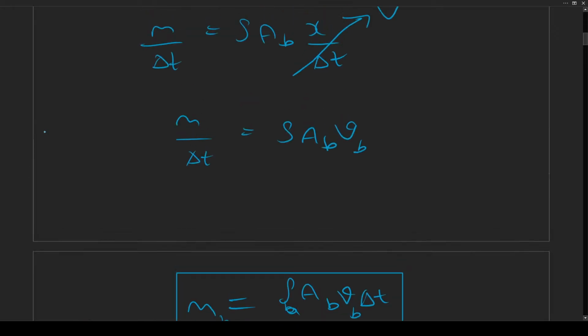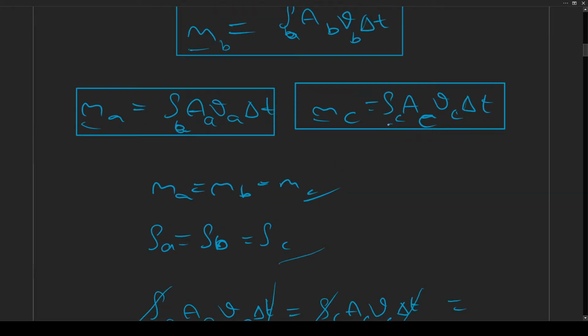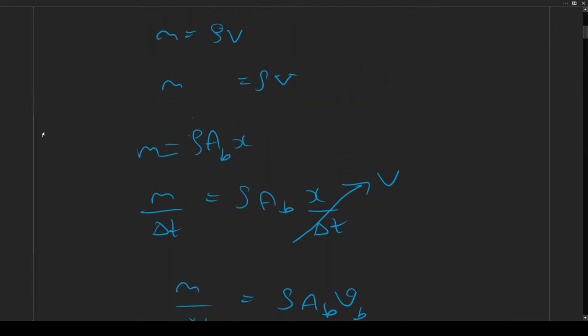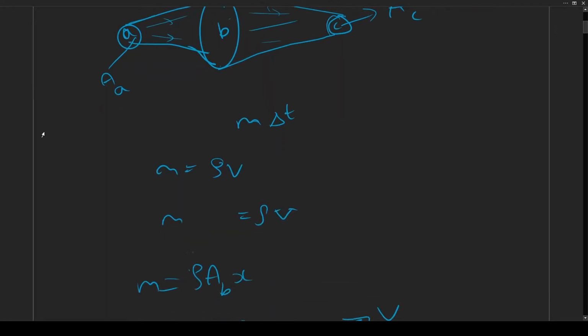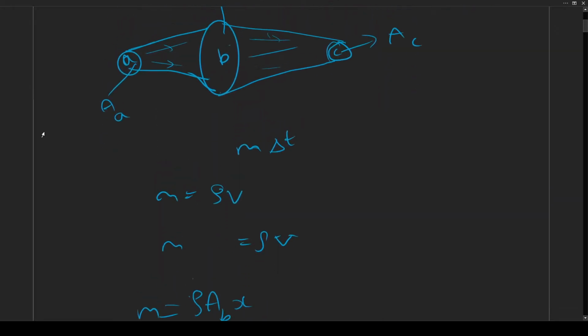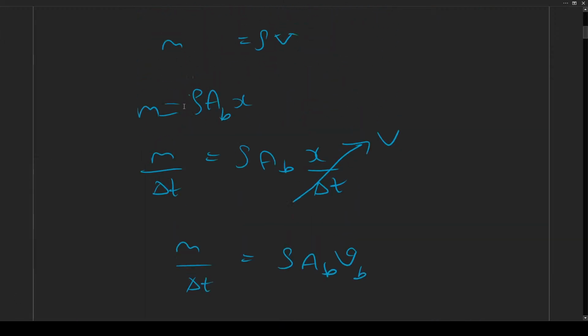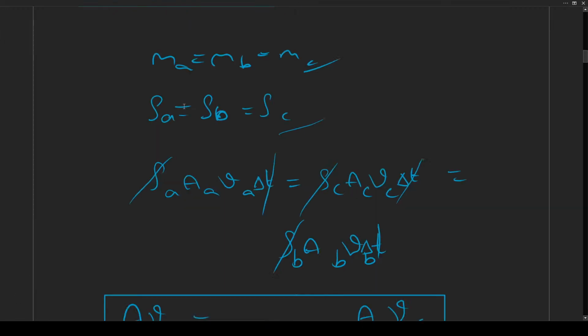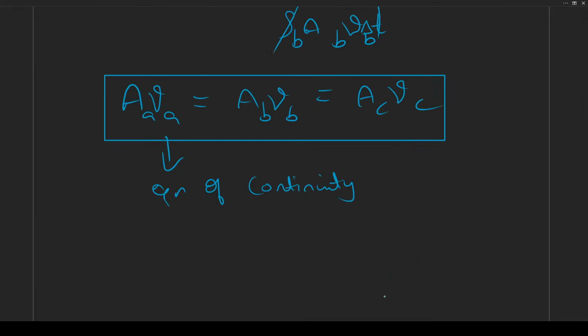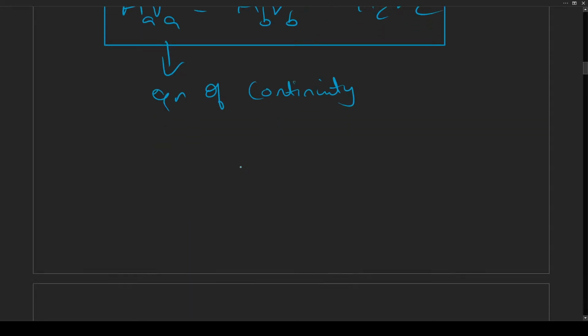Mass is constant, but we may also try with density for incompressible fluids. We can equate density, but we will get the same result. This is the derivation for the equation of continuity, and based on this we can say that area times velocity for a steady flow is always equal to a constant.